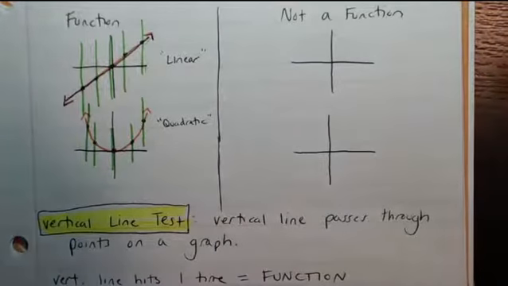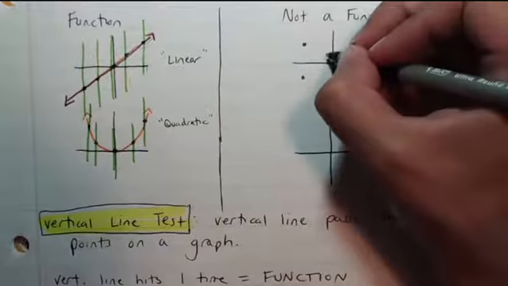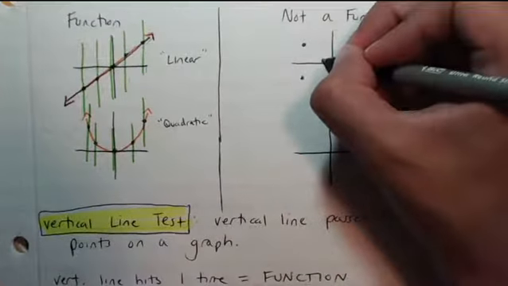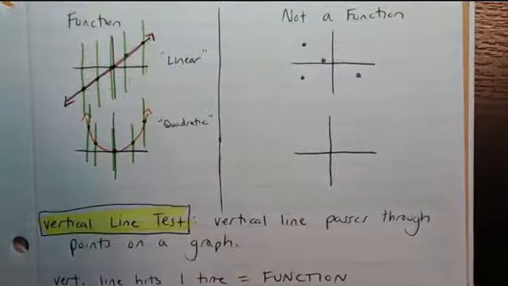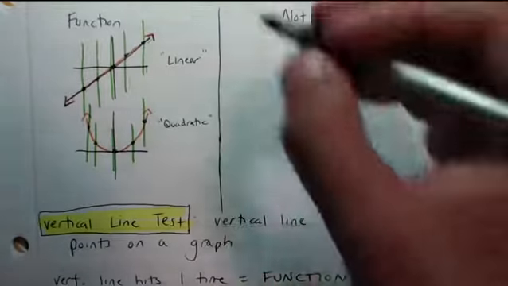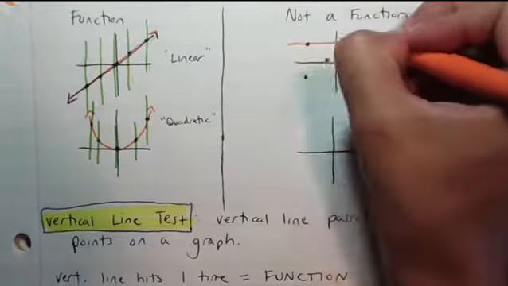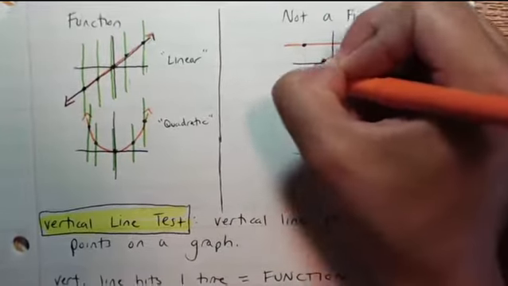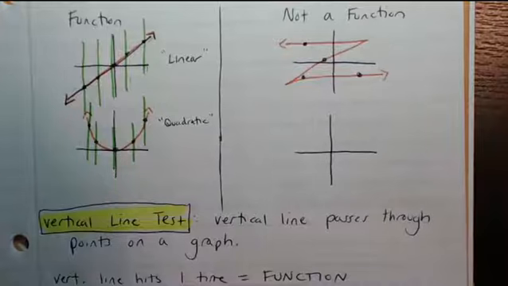Now, what do non-functions look like? Okay, let's just put a point here, a point here, a point here, and a point here. Sort of makes like a Z. So if I actually make a Z out of this, that might be easier if you draw a Z first and then connect the points, or find points.